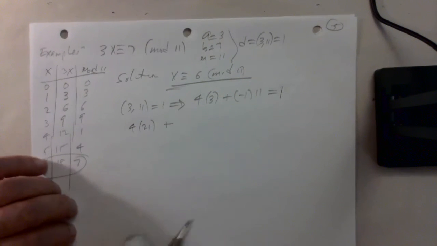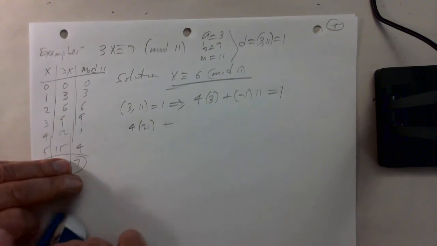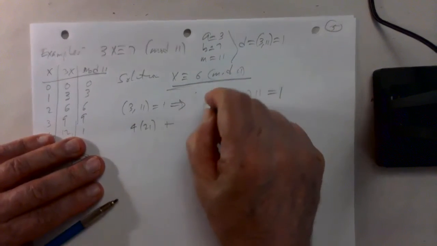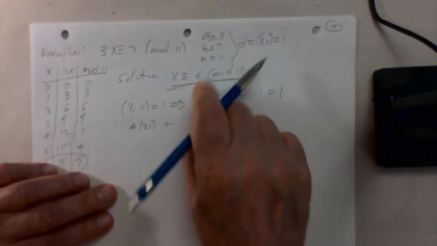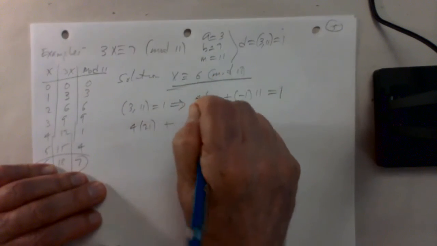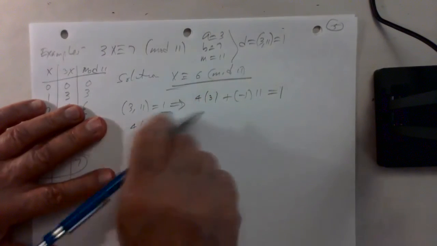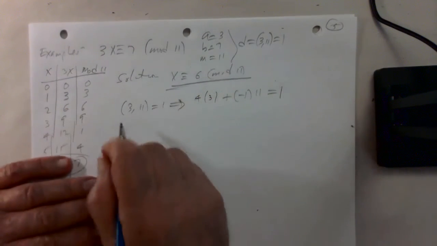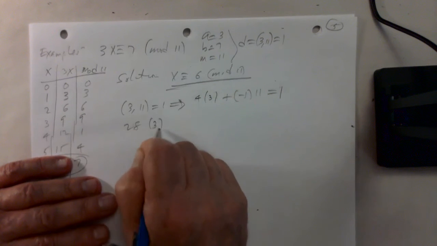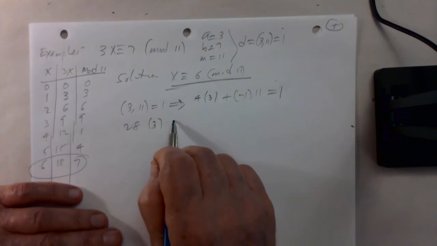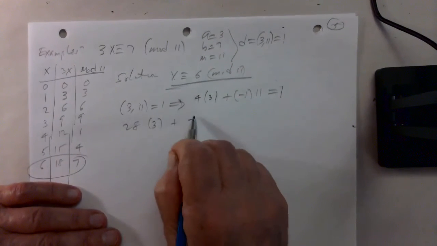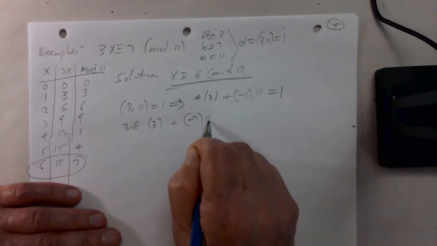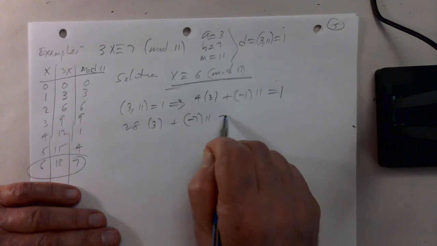Let me draw this in the right way. Should have written this as 4 times 3. So if I multiply this by 7, 28 times 3 plus minus 7 times 11 is equal to 7.